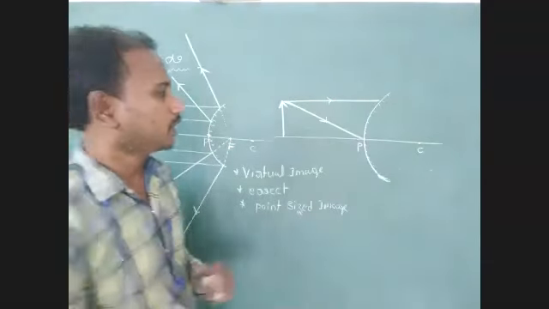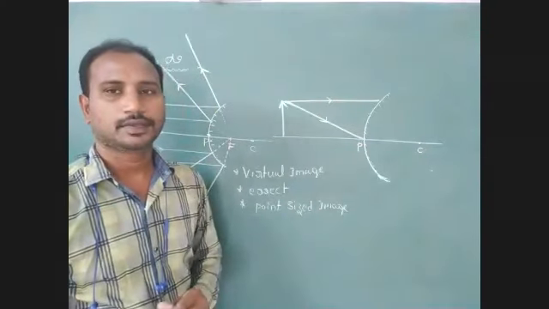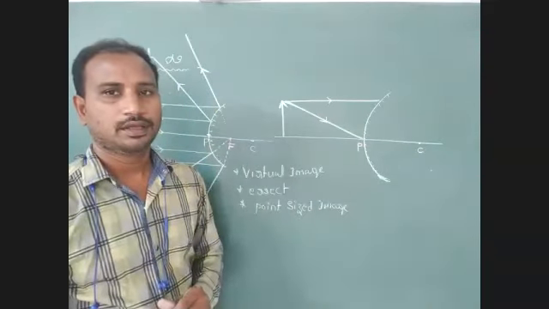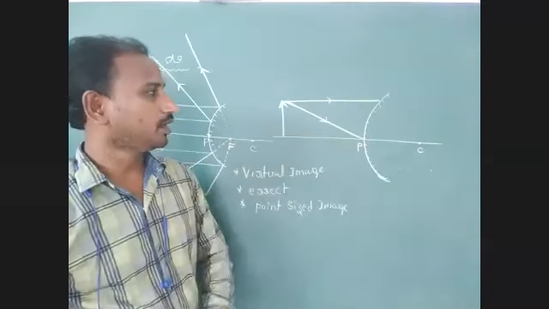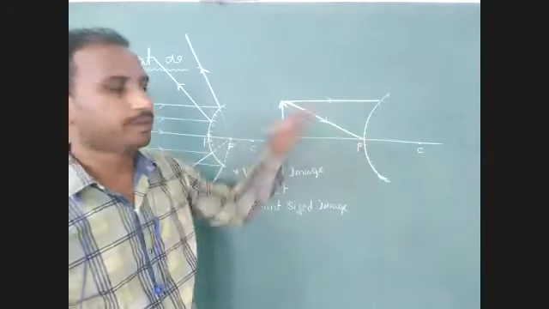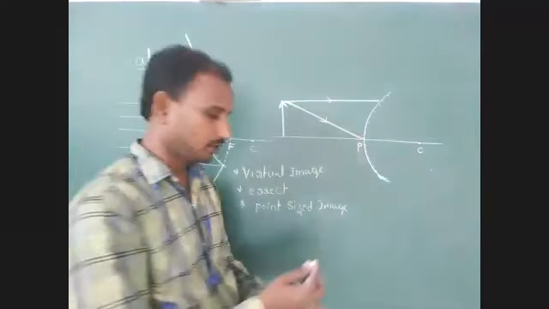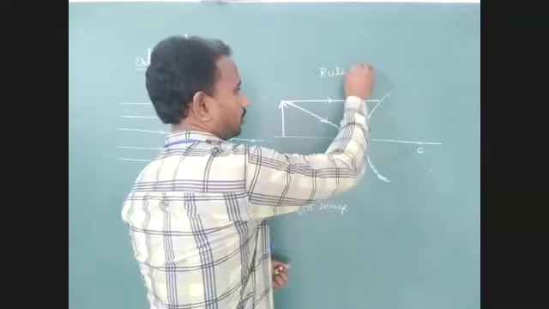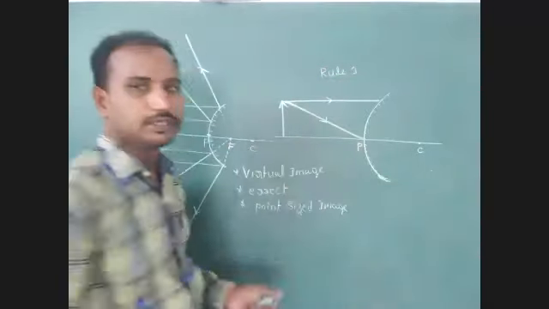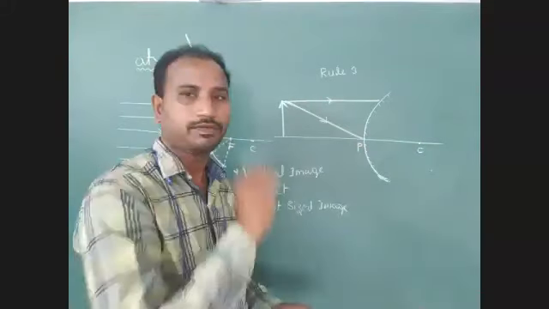So every student is confused with these conditions. What is the reason? I can explain for you. Here, if a ray of light is parallel to the principal axis, what is the rule? Rule 1. If a ray of light is parallel to the principal axis, after reflection, the reflected ray appears from the principal focus.